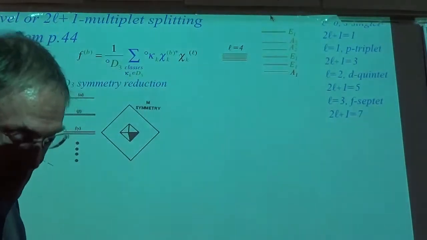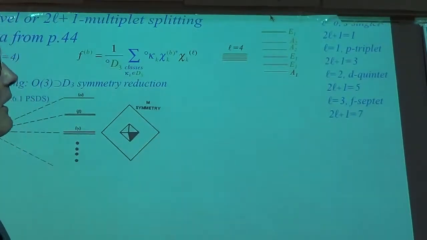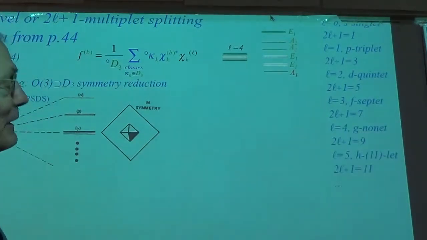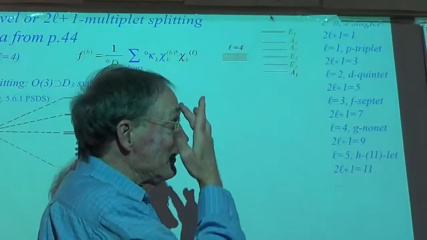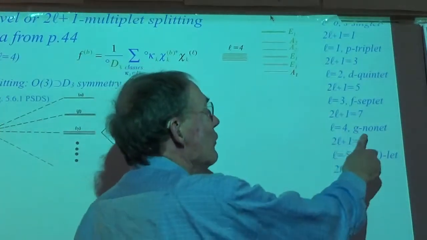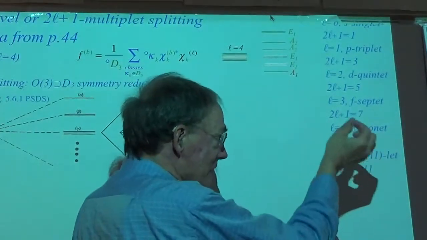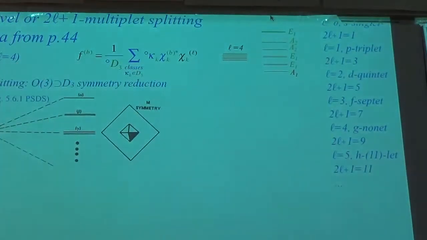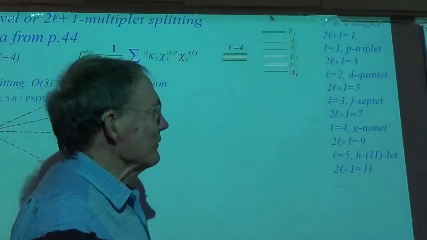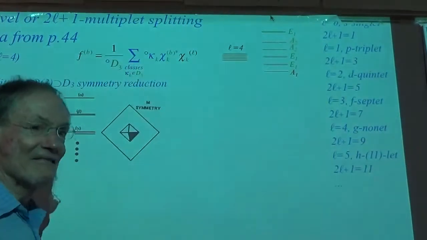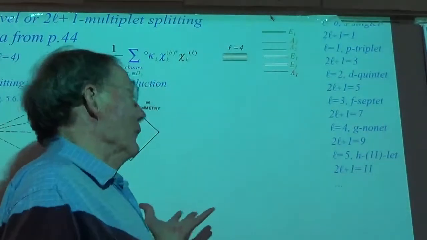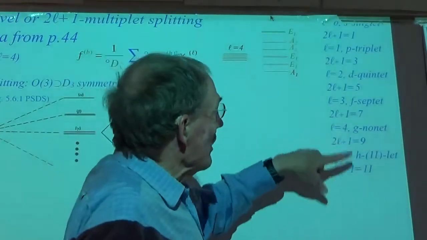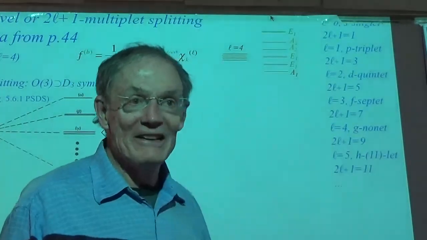Okay? Well, after that, they label these things alphabetically. What does G stand for? We're able to see G lines. It's a nonet, a 9-degenerate level. Lots and lots of degeneracy. Okay. All I can figure out is G stands for God knows. Okay, and H, I guess hell knows. G, H, I, J, K. They just keep using letters.